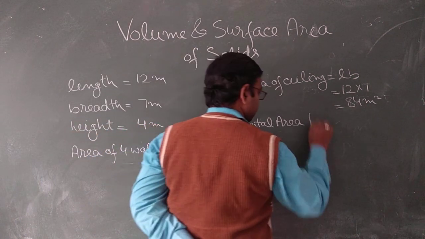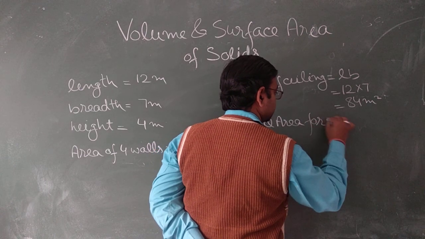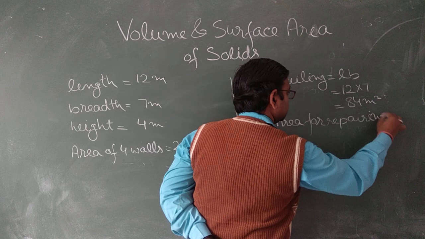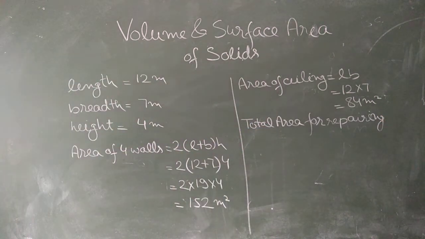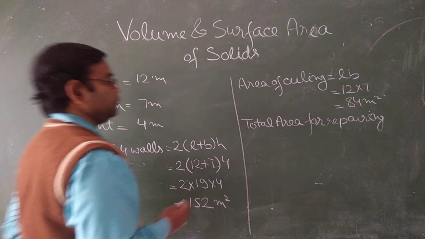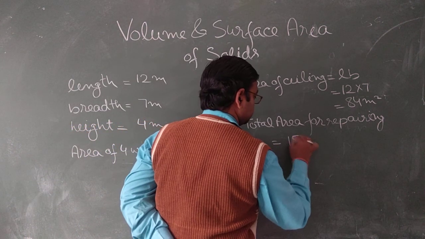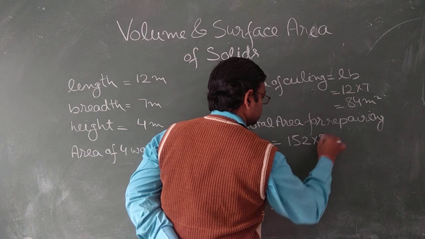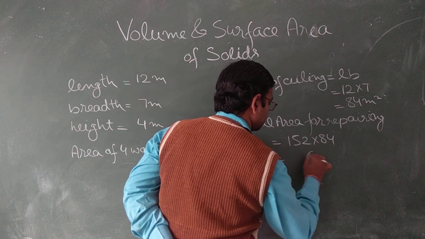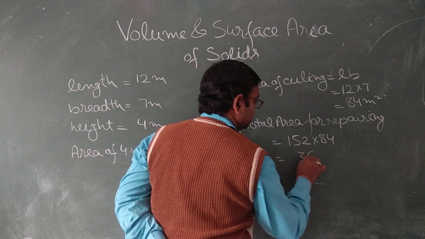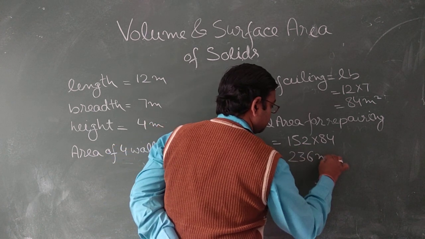Sometimes it's painting also, but in this case it's repairing. I hope you can easily see that side. Let me check. Yes. Total area for repairing equals, we add these two, 152 and 84. 6, 8, 5, 13, 1 carry, 236 meters square.